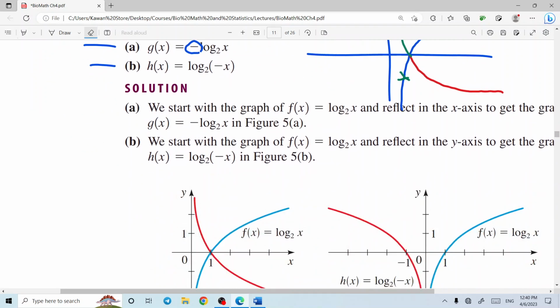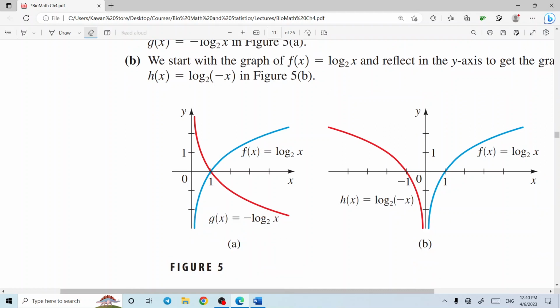So the y-axis will be the mirror. Look at here. This is the original. During the exam you should do this, then show me the second. Because the y-axis is the mirror, change it to the other side. So I'll get it like that.